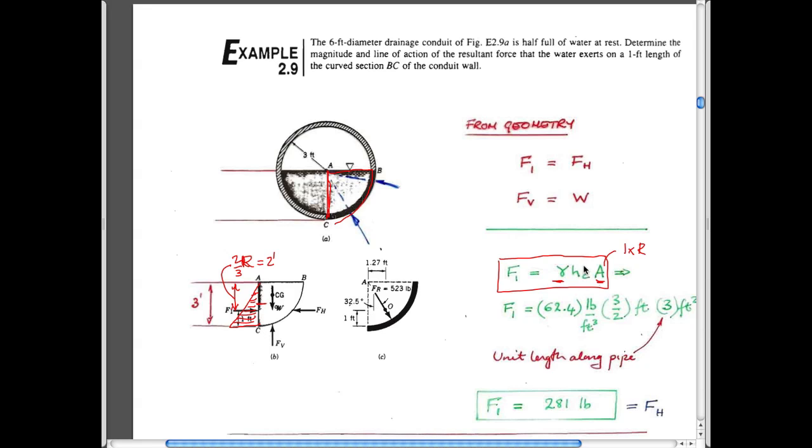And the height of the centroid is not where the pressure acts, but it's going to be half height, which is h_c, right? So this is going to be 1.5 feet. Okay, 3/2. Okay, so you've got the force that's acting.